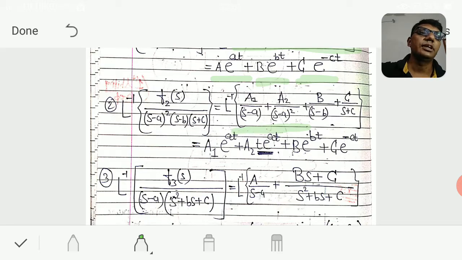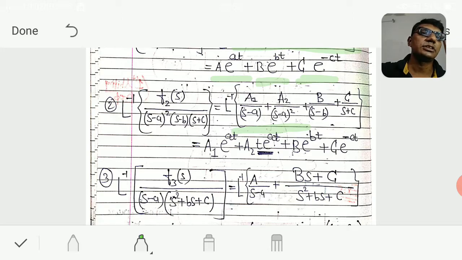So we can write like this: if s minus a is repeated 3 times, then it will be written like A1 upon s minus a plus A2 upon (s minus a) square plus A3 upon (s minus a) cube, then other factors. Here s minus a is repeated 2 times, so I am writing A1 upon s minus a plus A2 upon (s minus a) whole square plus B upon s minus b plus C upon s plus c.